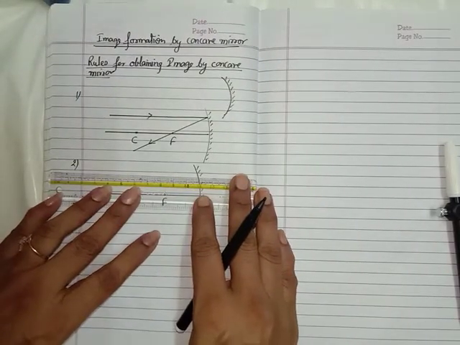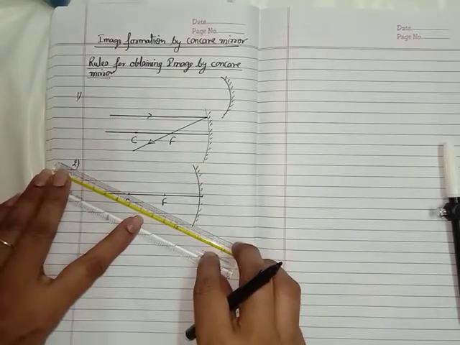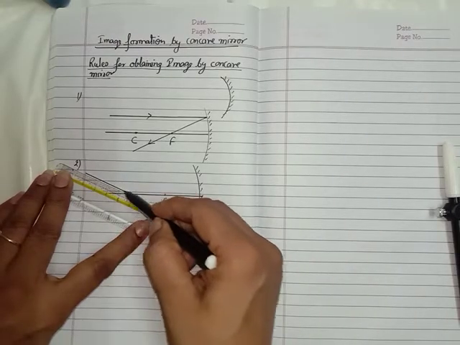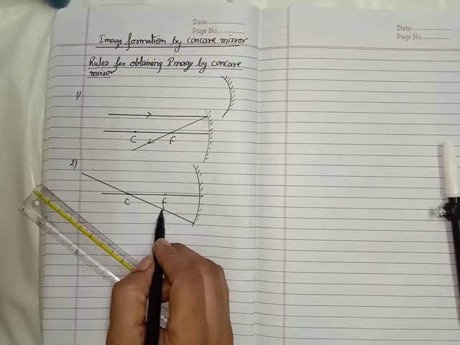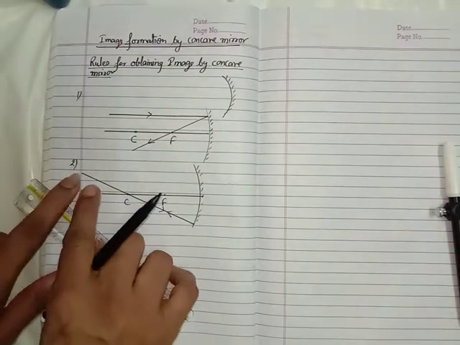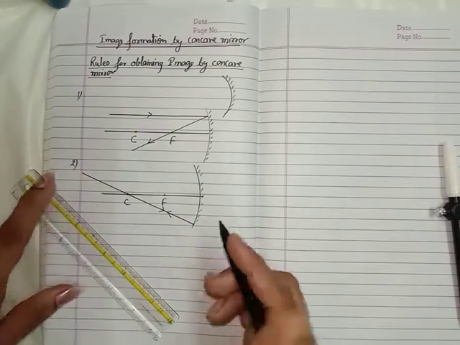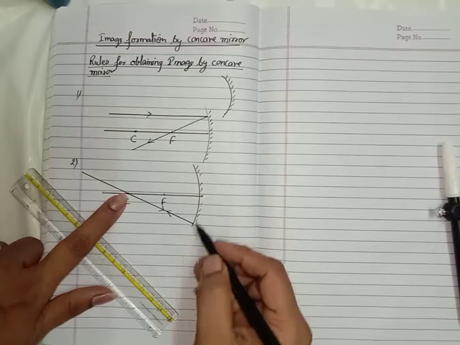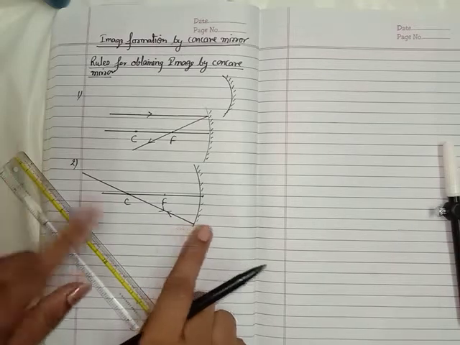Now the second rule is this one: if a light ray passes through the center of curvature, suppose the light ray is coming from the object and passes through the center of curvature, it is always reflected along its own path. It means if it comes from here, it will go back the same way. You know why? Because the line through the center of curvature is always perpendicular to the mirror. So the light ray which passes through the center of curvature is always reflected along the same path after reflection from the mirror.